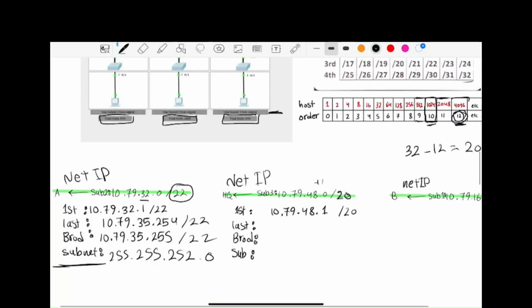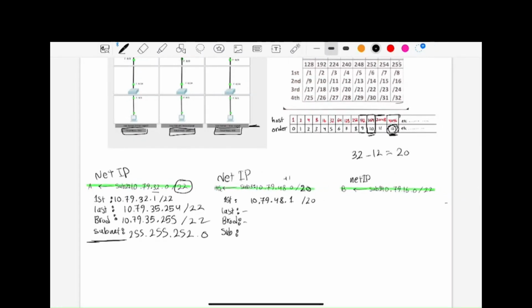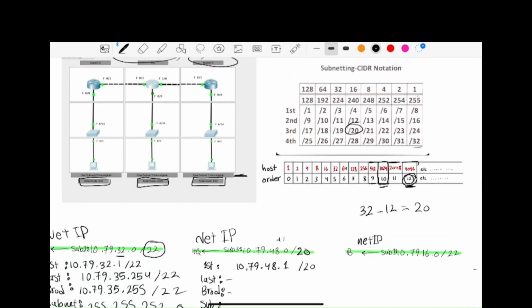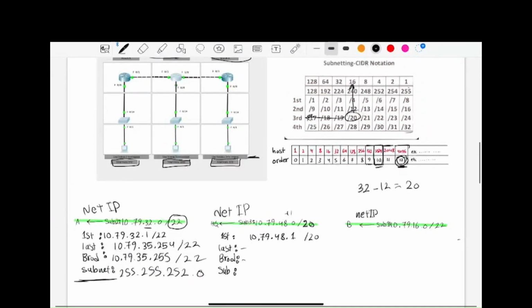To find these, we need to find the next network IP, and to do that, we go to the subnet card, and that's why I told you it's so important to memorize this card. We will add 16 to the third octet to find out the next network IP. This is my third octet here. Adding 16 to this will give us 48 plus 16, that will be 64.